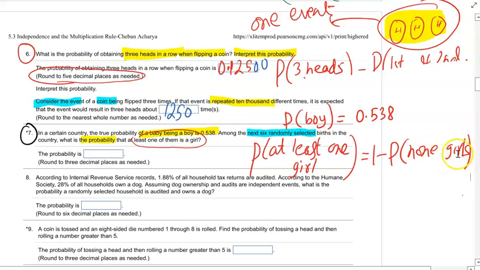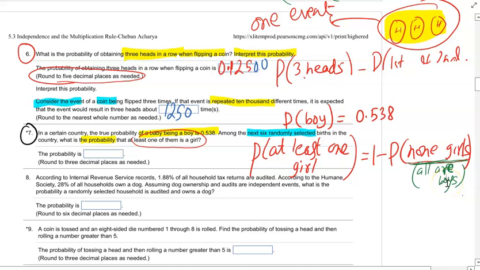None of those out of 6 is going to be a girl. And what do you mean by none of them are girl? All 6 are what? All are boys. All those selected 6 are boys.